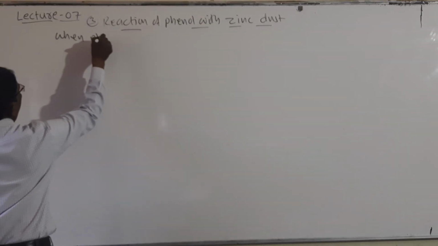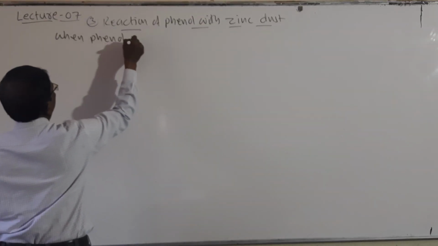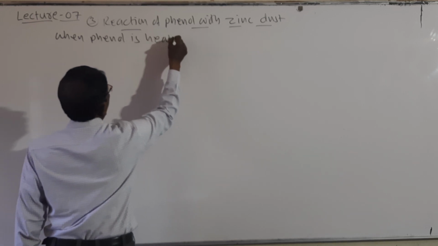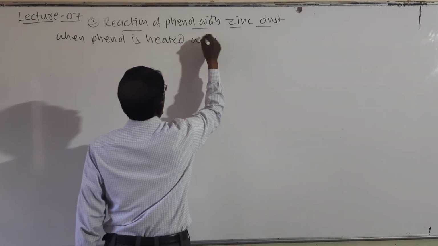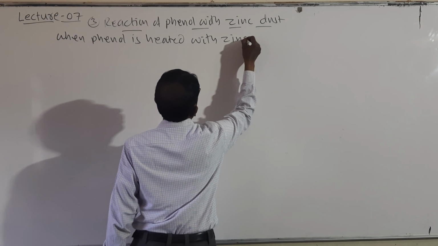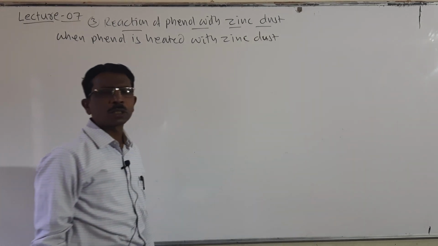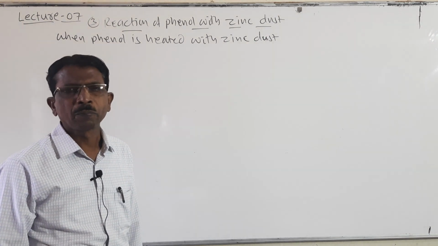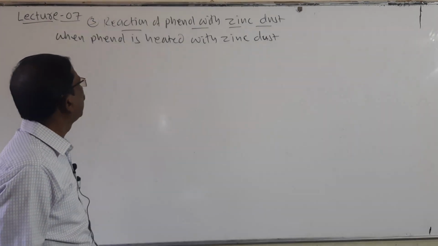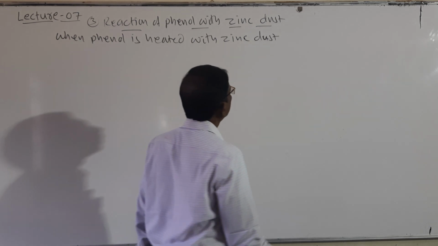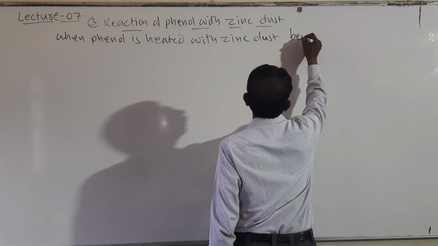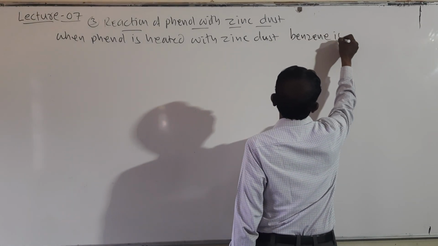When phenol is heated with zinc dust. Students, dust means powder. When phenol is heated with zinc dust, benzene is formed.